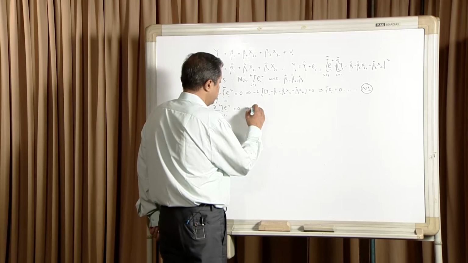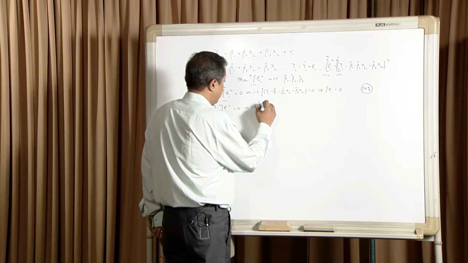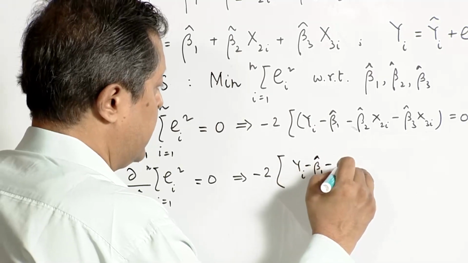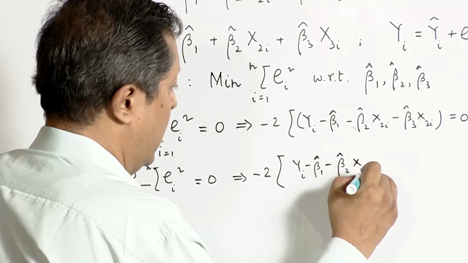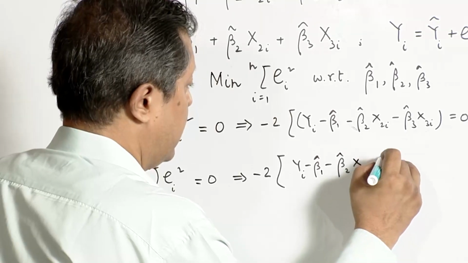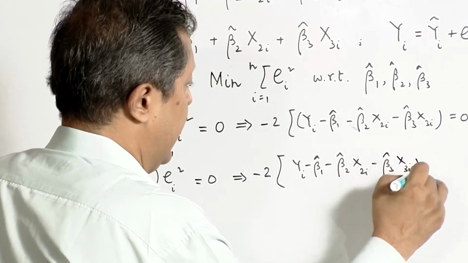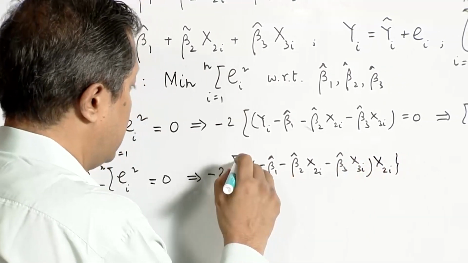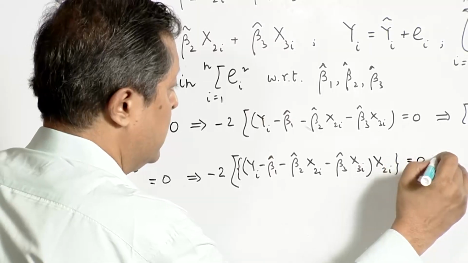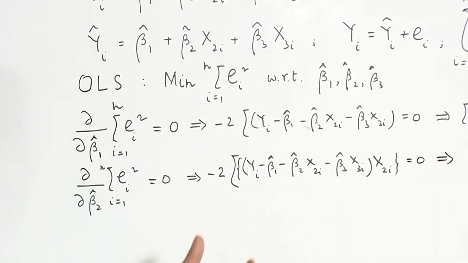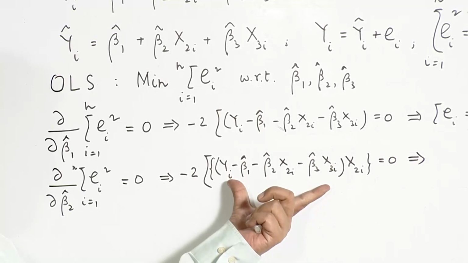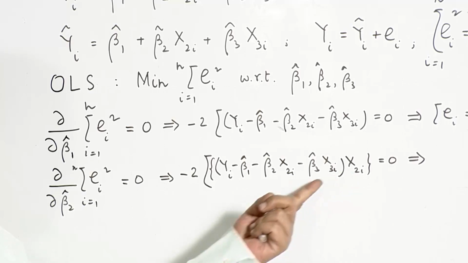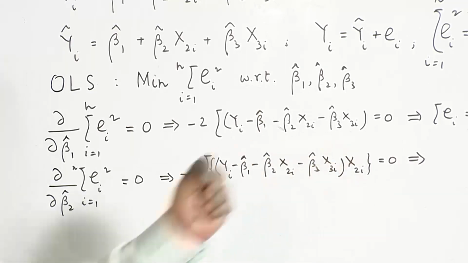So, this will be minus 2 as earlier, and we will have y i minus beta 1 hat minus beta 2 hat x 2 i minus beta 3 hat x 3 i as earlier, but multiplied by x 2 i, and that should be equal to 0, which is nothing but saying that the terms in the first bracket are e i multiplied by x 2 i, that is summation e i x 2 i is equal to 0.